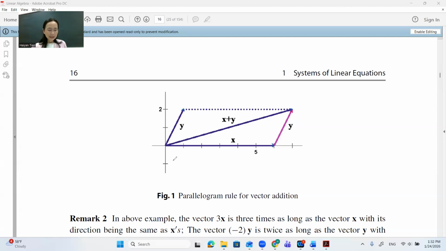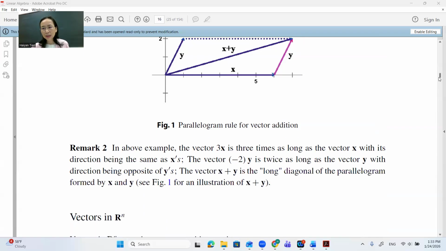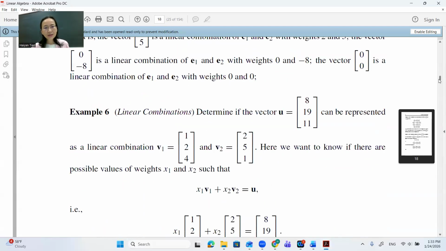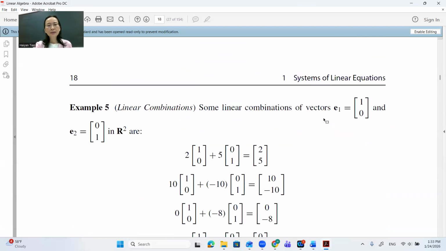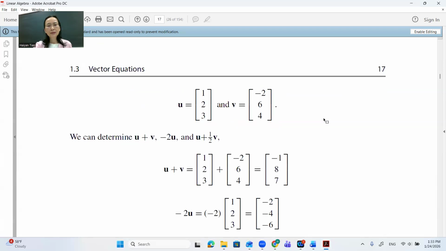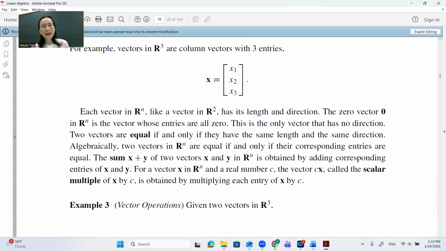So it's just to get some interpretation of those operations. And we know we can do the operations now with the definition, right? As long as we define how to do the x plus y and how to do the scalar multiple, then we can extend the definition to a general case. The general case is a vector with n entries.